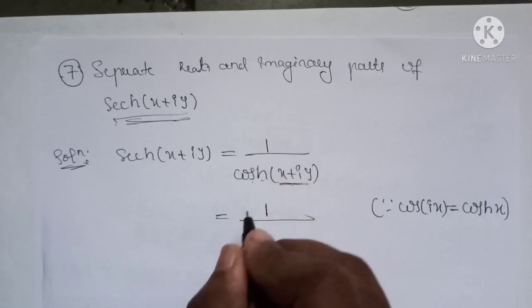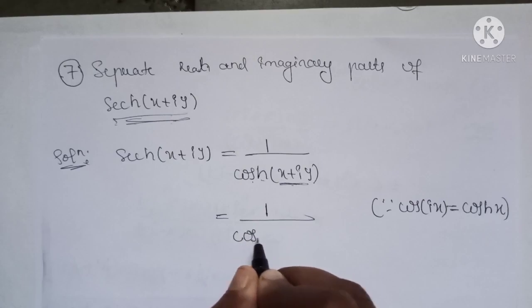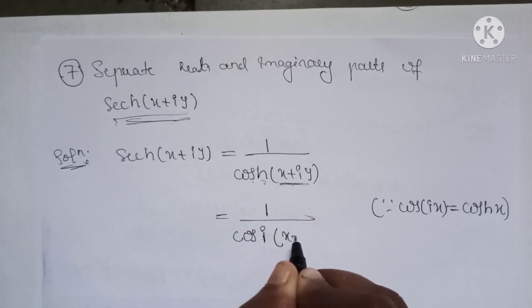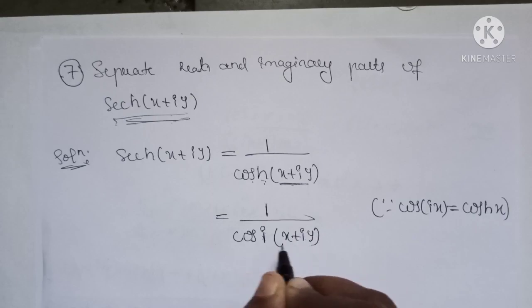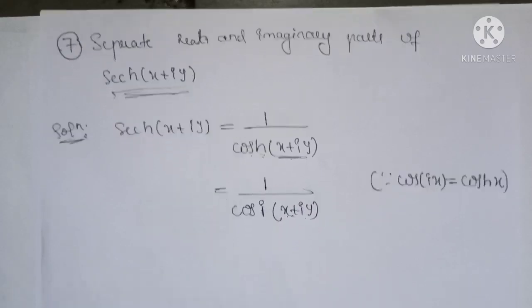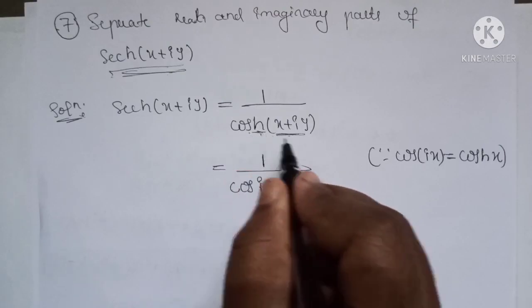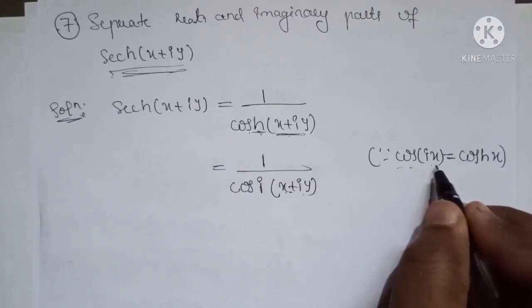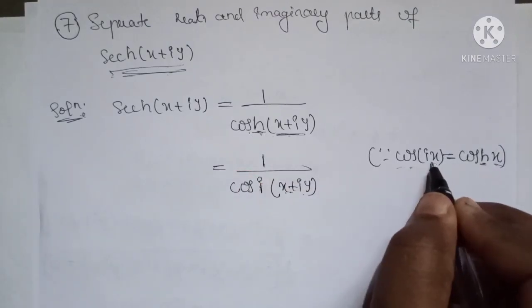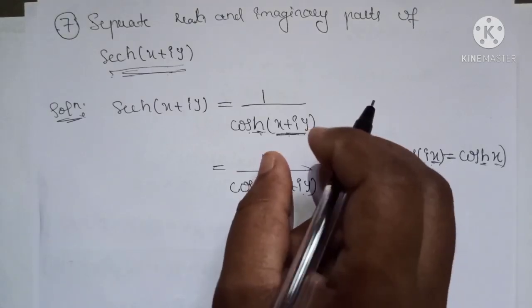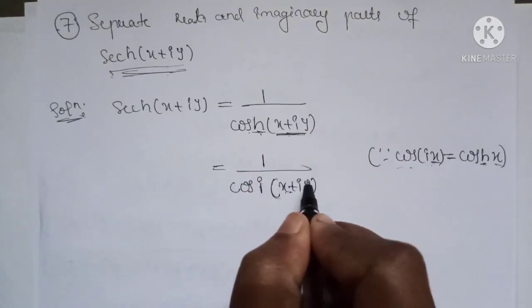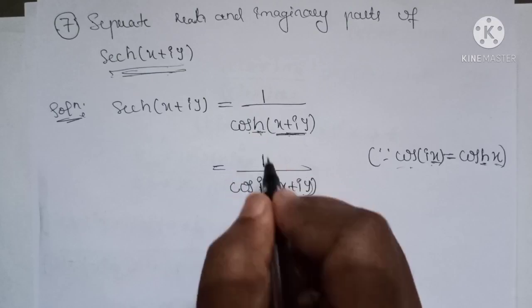So this can be written as cos of, in place of h we take i, with this bracket as it is, cos of i times (x plus iy). Just change this h by i, because cos of ix can be written as cosh x. Here x means the whole bracket x plus iy, so keep this bracket as it is, and simply replace h by i.